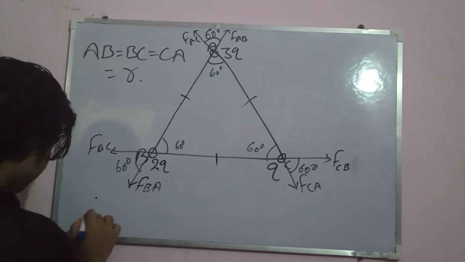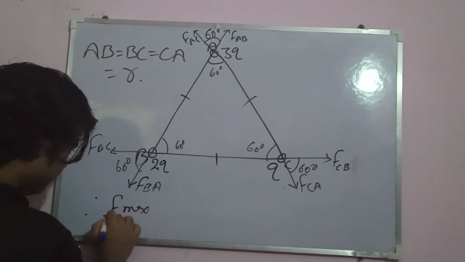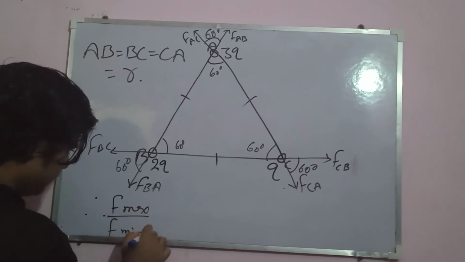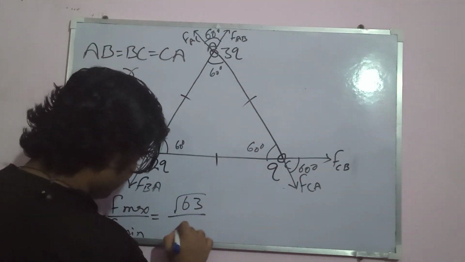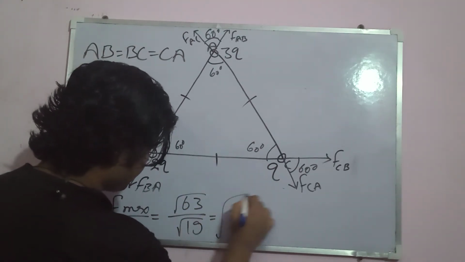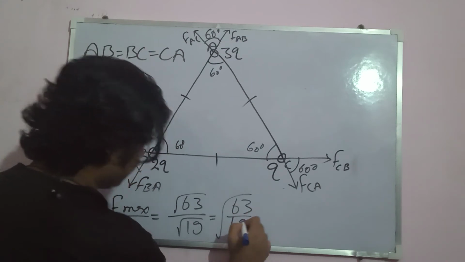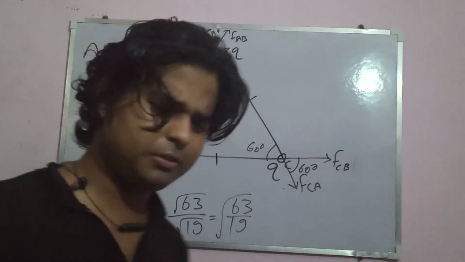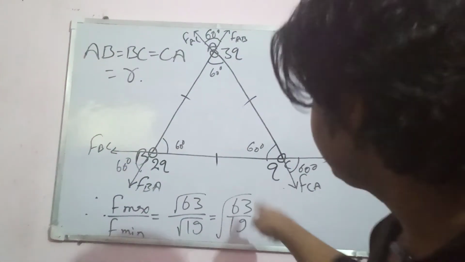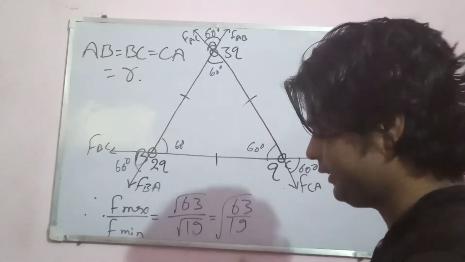Therefore, F max by F minimum will be root 63 by root 19. So 63 by 19. We can simplify it in decimal points also, but I don't need to simplify it. This is our answer for the question, max force to minimum force.